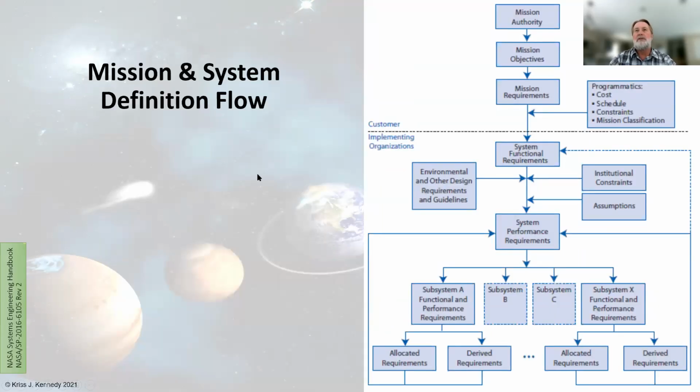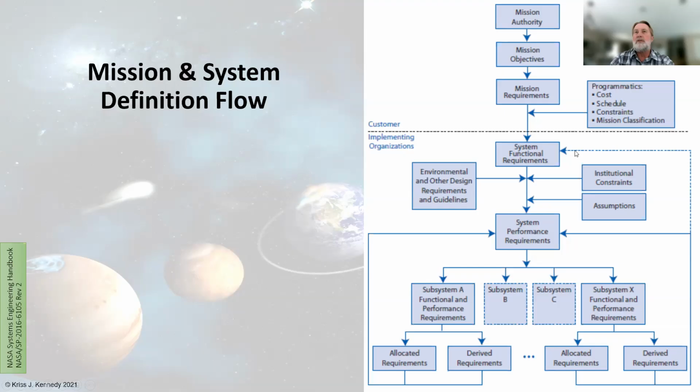So this is really focused on the mission and system definition flow. Similar to what we just talked about, the mission authority, mission objectives, mission requirements, and then that's more from the customer level. They give you programmatics, cost, schedule, constraints, mission classifications and objectives.